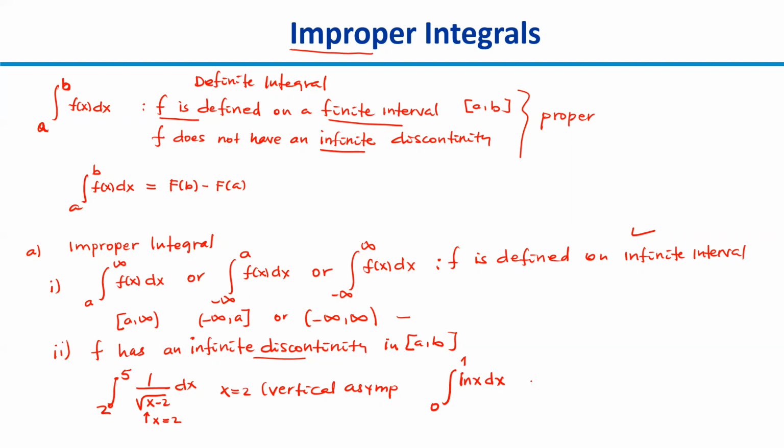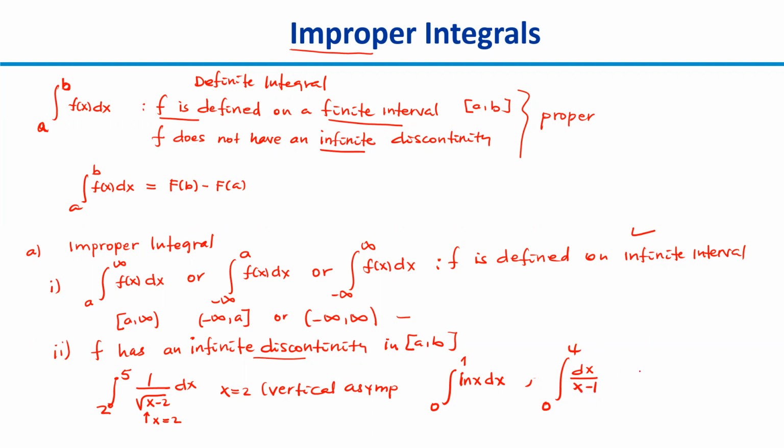The next example is about a common error that students usually commit. If I take 1 over x minus 1 and define this integration from 0 up to 4, students usually perceive this as a definite integral, but it is not.